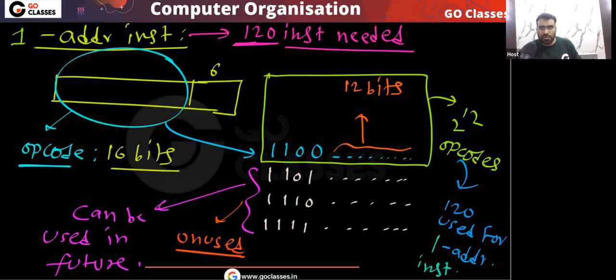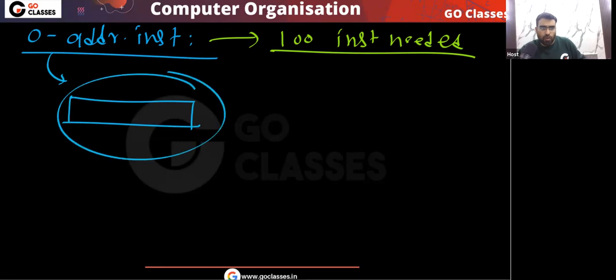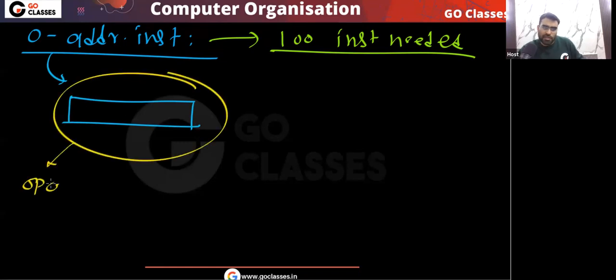So in the zero address instruction, the entire thing is opcode, so the opcode size is 16 bits.